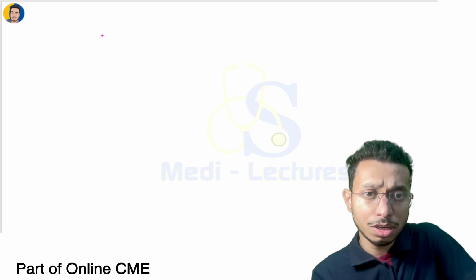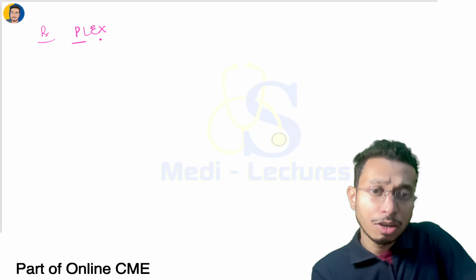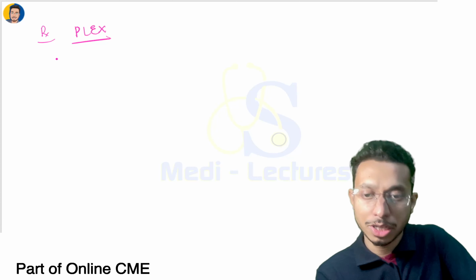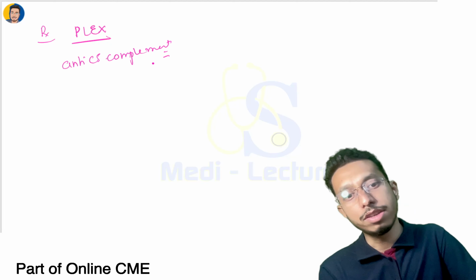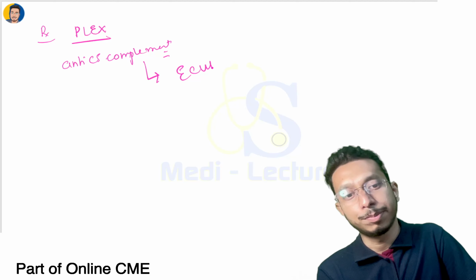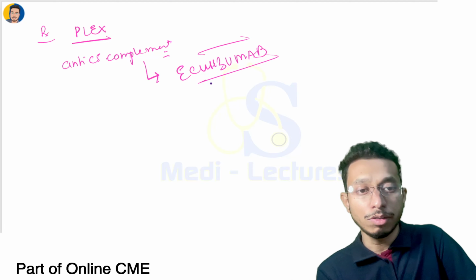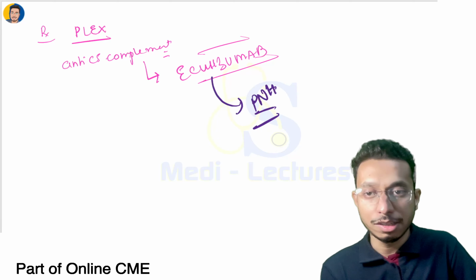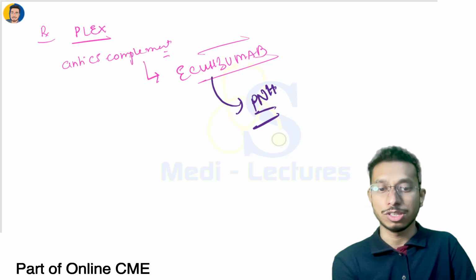This was the dictum until we got a better option, which is the anti-C5 complement inhibitor known as eculizumab. This anti-C5 complement inhibitor eculizumab is also used for PNH, which we will look into in detail. So this is about atypical HUS. In the next module, we are going to look into the acquired causes of hemolytic anemia.